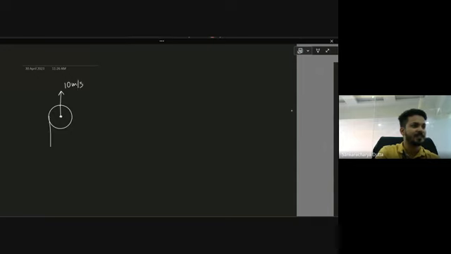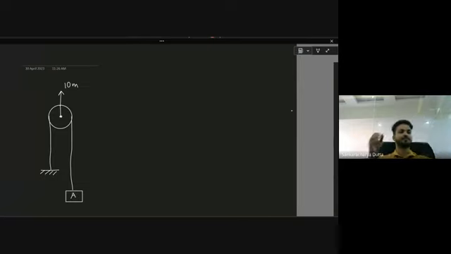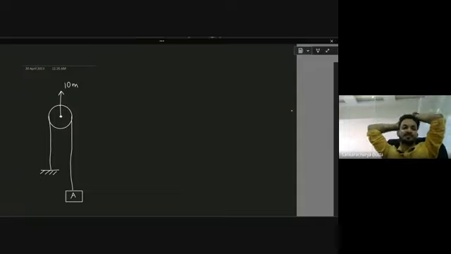This side of the string is fixed. Not meters per second, let's do displacement. You lift the pulley 10 meters. How much will the block attached on the other end lift? Come on, guys. So 20 meters.